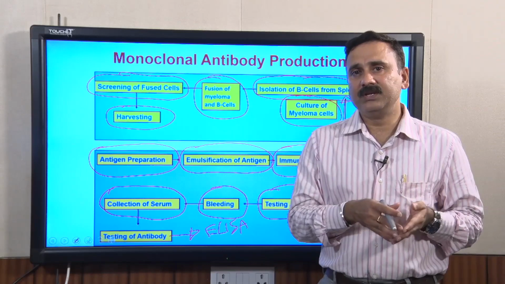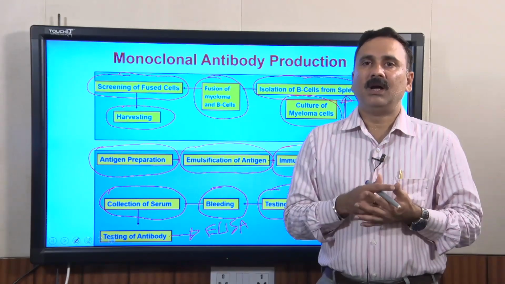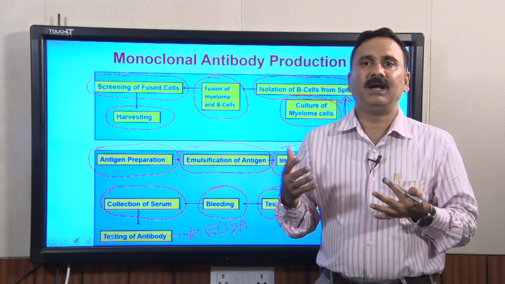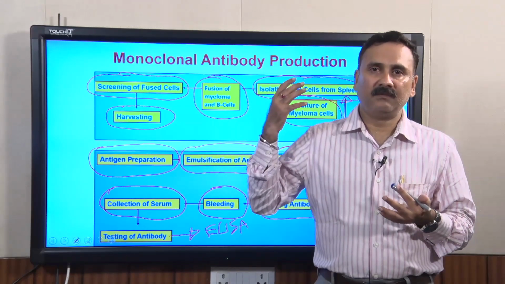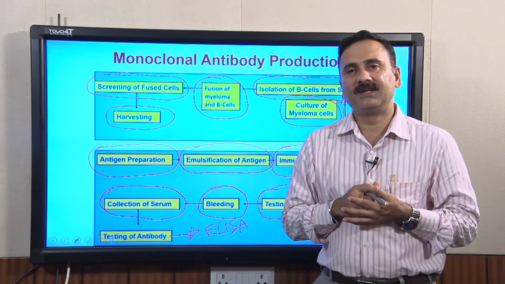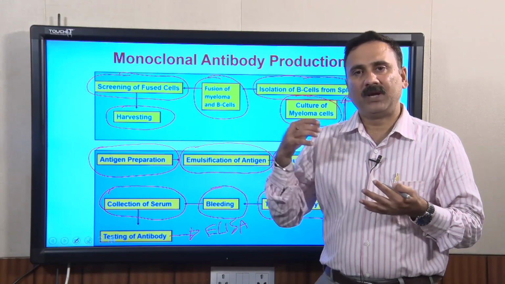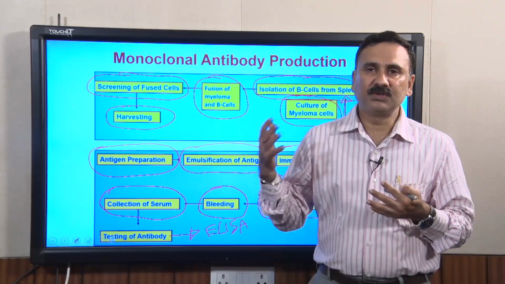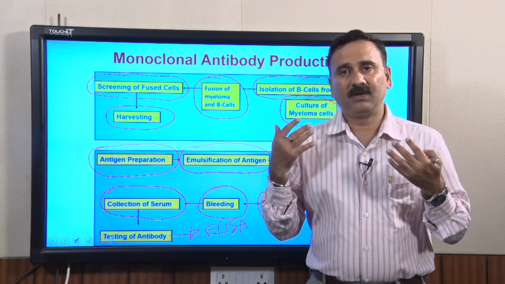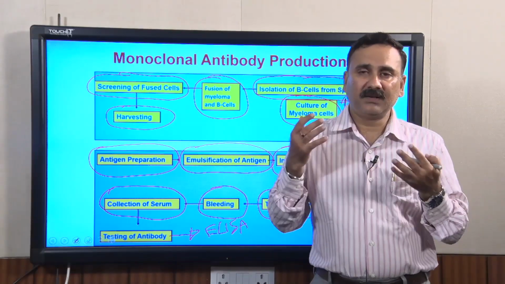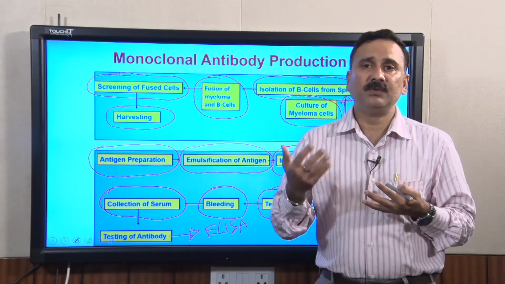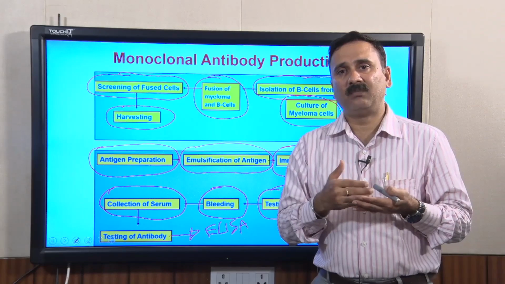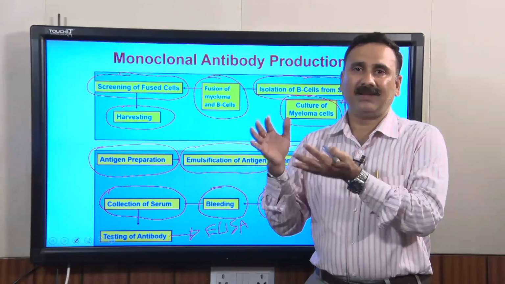So, now you can take this animal, isolate the B cells, and take these B cells for fusion reactions with the myeloma cells, and once the myeloma cells are fused, it will give you the hybridomas. There are some cells which are not going to be fused, so you have to do a screening with the help of a media called HAT media.